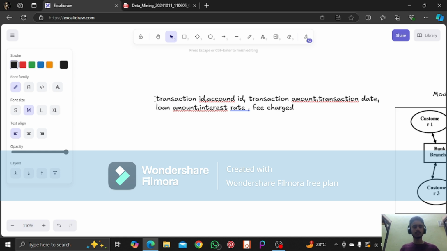So these are basically examples of the different fields that are there in the banking sector.